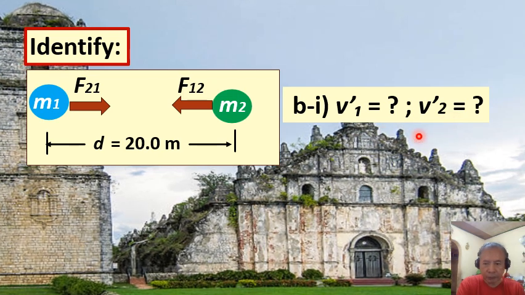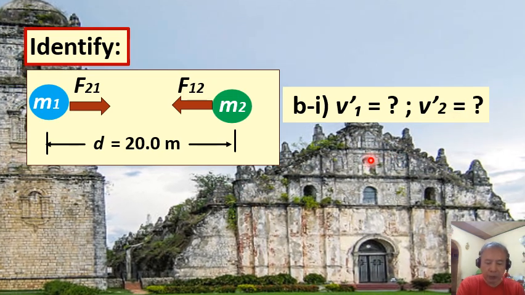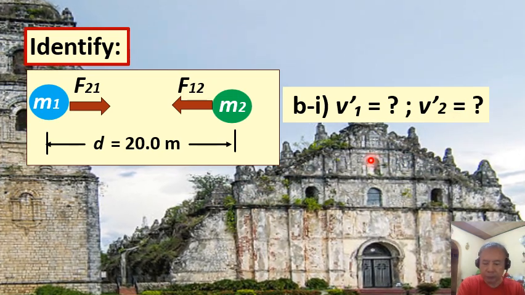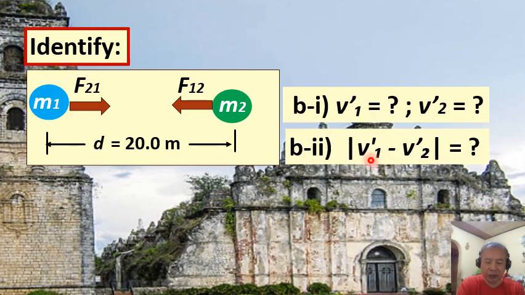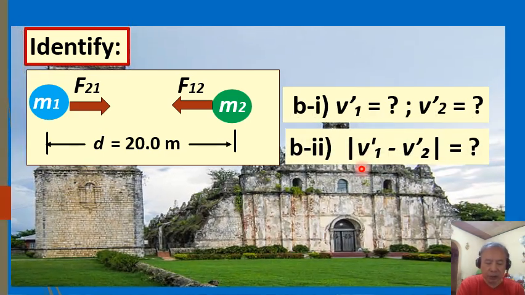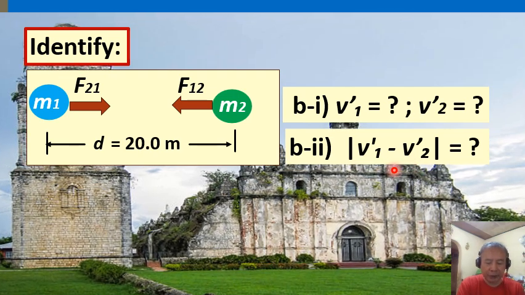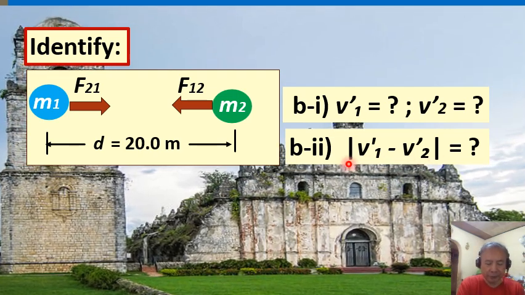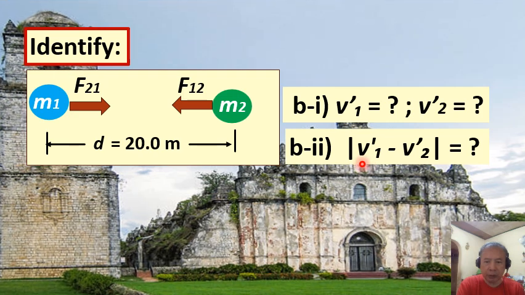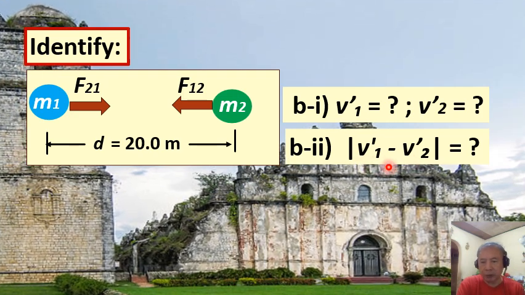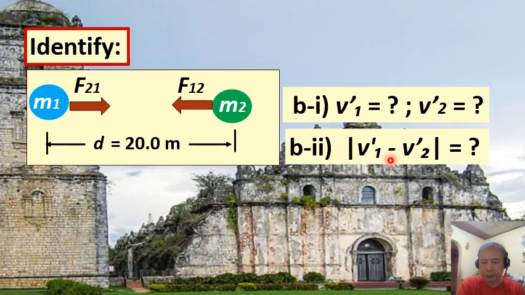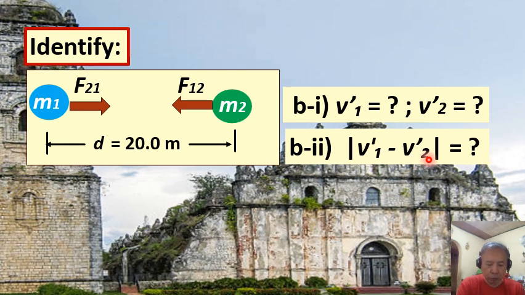Also, we are to determine the magnitude of the relative velocity with which one sphere is approaching the other, right? So we are talking about the absolute value of v prime 1 minus v prime 2.